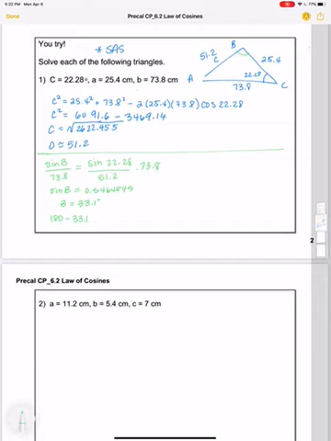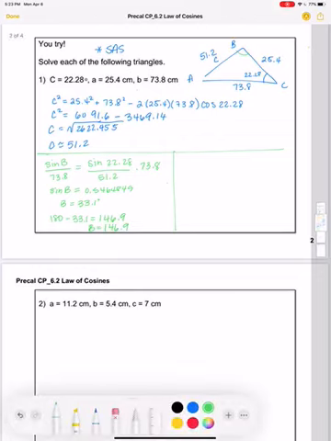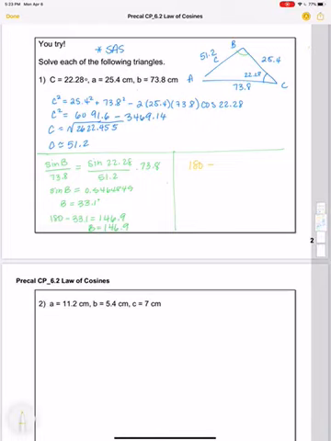So I do 180 minus 33.1, and I get 146.9. So B could actually be 146.9, and we know it has to be. So if that's what B is, then I can do 180 minus 146.9 minus 22.28.